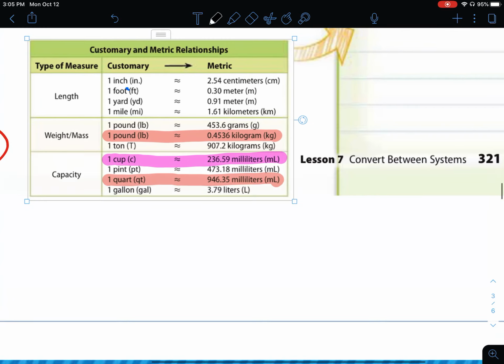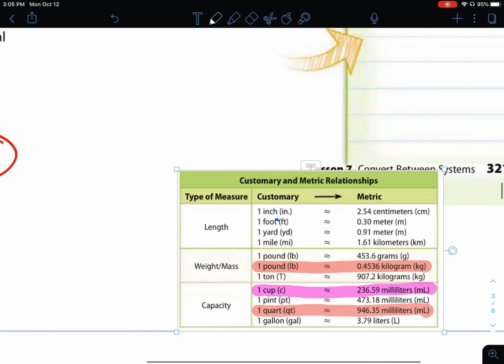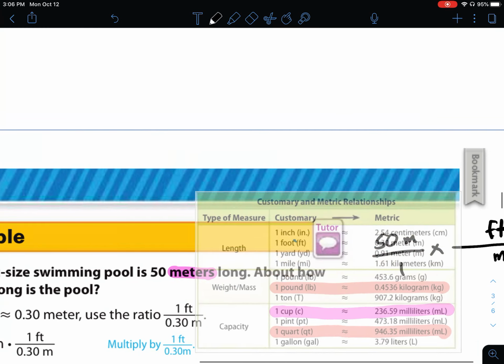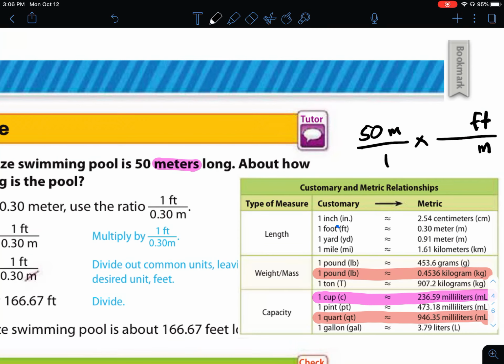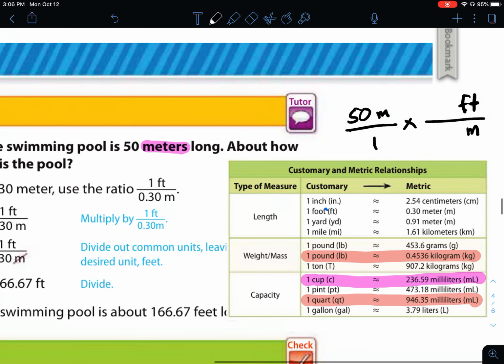And if you look at our conversion table here, I'm going to put it down here. We want to find the relationship between feet and meters. Okay, so here you can clearly see the relationship between feet and meters right there.